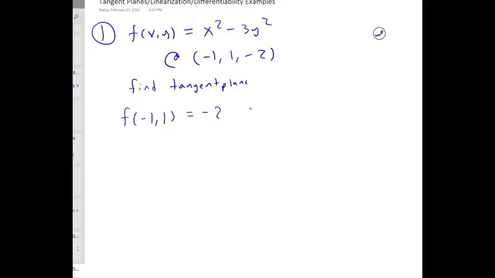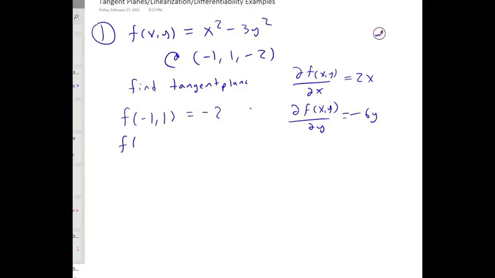So we got that. Another thing we need to find is df dx of x y. So I'll just write that here. df of x y dx is just going to be 2x, because the y term will go to 0, and the derivative of x squared is 2x. df of x y dy would just be -6y, because the x squared would go to 0.